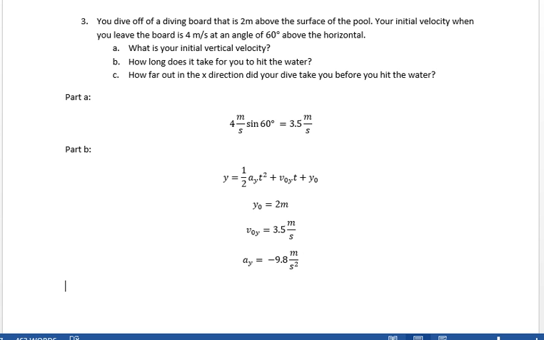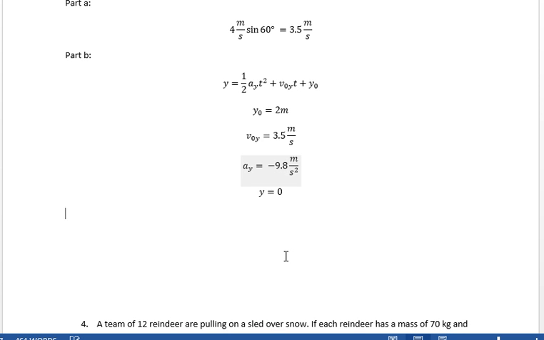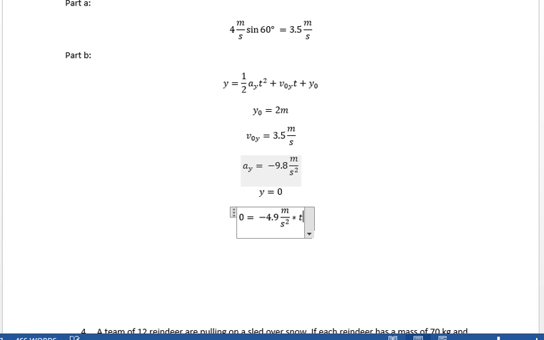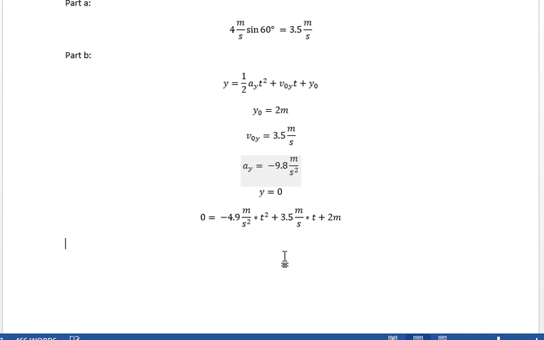Because it's acceleration of gravity downward, and when we hit the water, y equals 0, right? So that gives us the quadratic equation. 0 equals minus 4.9 meters per second squared times t squared plus 3.5 meters per second times t plus 2 meters.